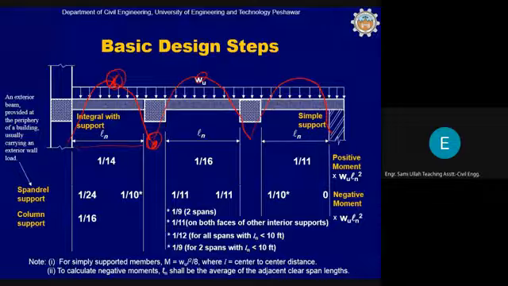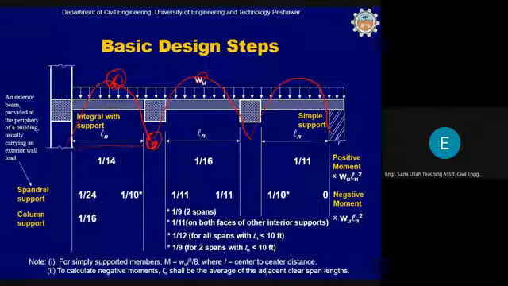So let's say the ultimate load WU is 2 kip per foot and length is 20. So 1 over 14 into 2 into 20 square will give you the positive bending moment at the midspan, without doing the structure analysis, a lengthy procedure.